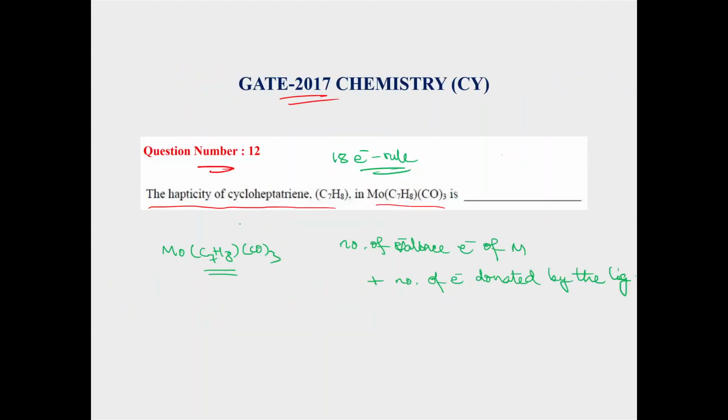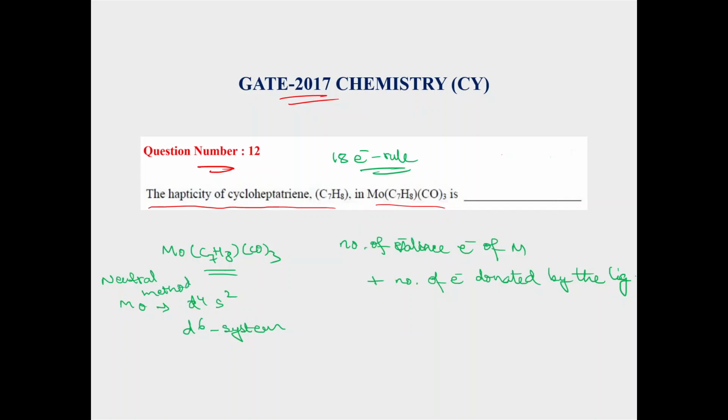So here, first we will calculate. So molybdenum is basically a D4S2 system, right? That is D4S2, that is a D6 system. So we are counting here the number of electrons by the neutral method. That's why we will not care about the oxidation state of the metal.